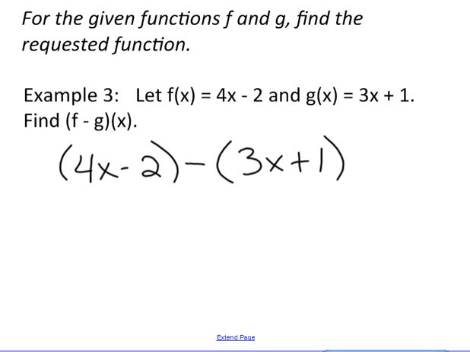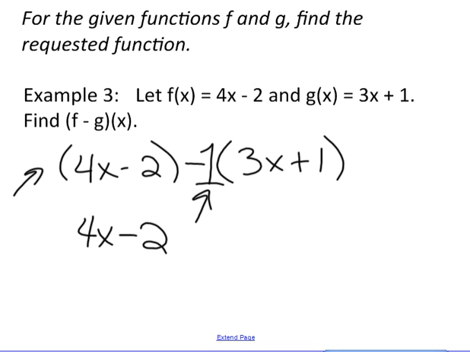With the addition, we can drop the parentheses. On the other hand, if we're subtracting, we have to distribute that negative 1 that we don't normally write, to the 3x plus 1. So the 4x minus 2, there's no negative in front of this, so I can just drop the parentheses on that one.